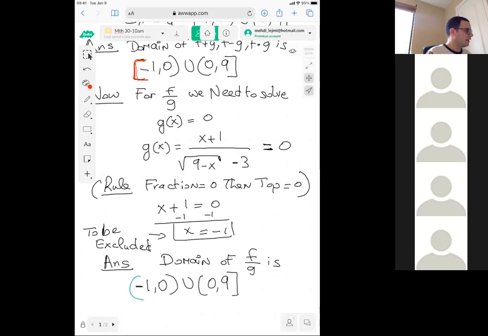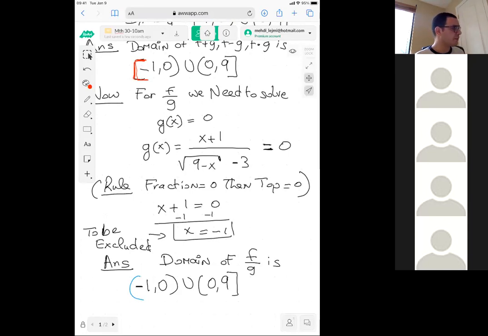Sure, no problem. So the composition of functions: we're going to compose functions and see how it works. The goal will be to find the domain of this composition of functions.